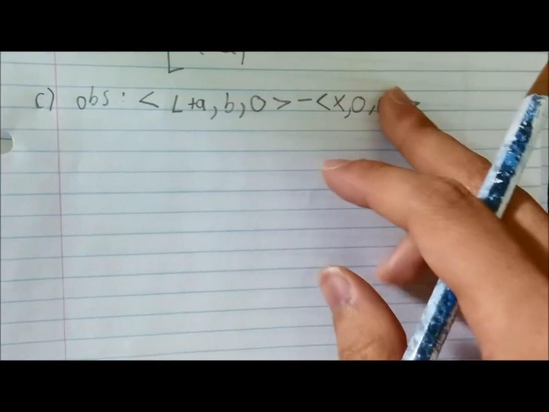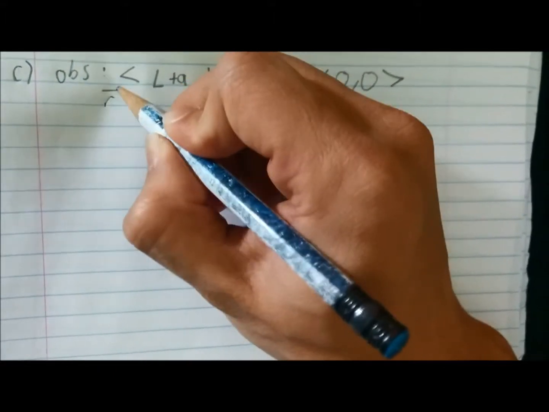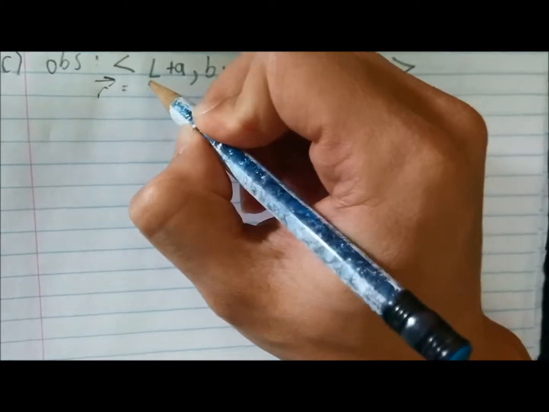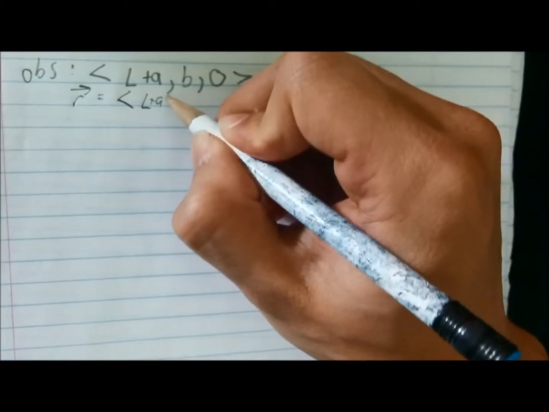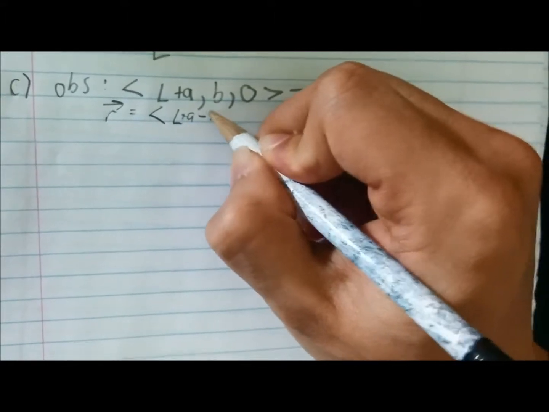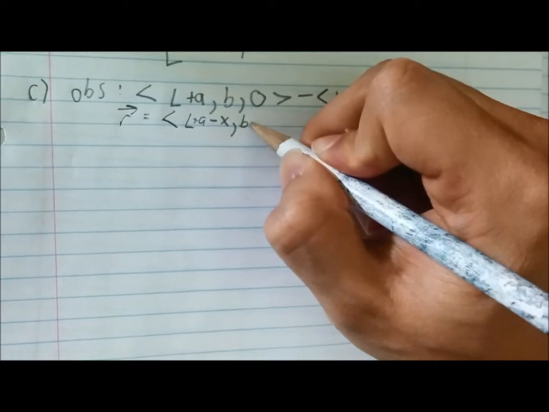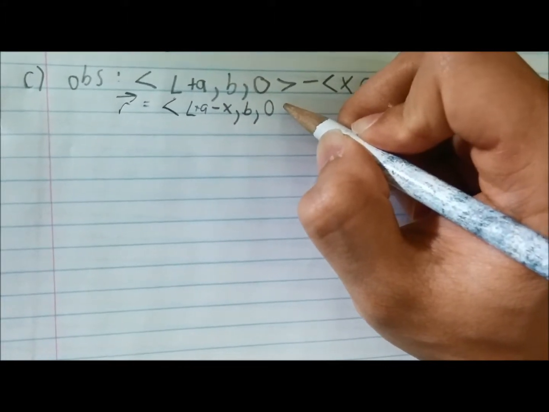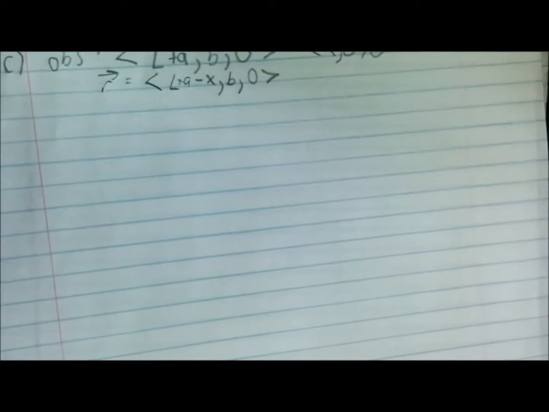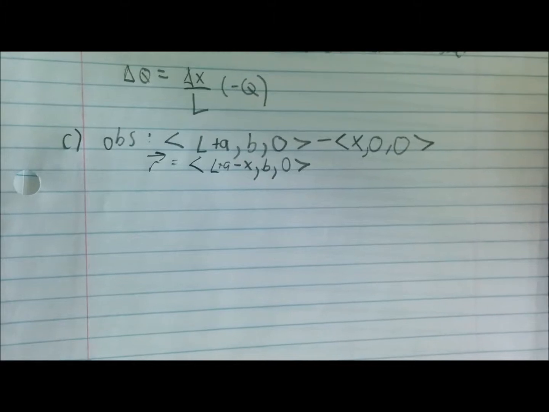So this is your R vector. R vector is equal to L plus A minus X for the X component, B for the Y component, and 0 for the Z component. So that is our vector.